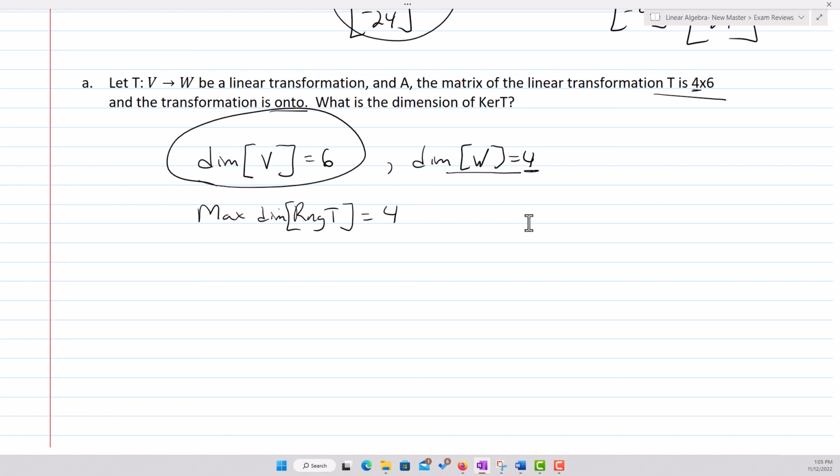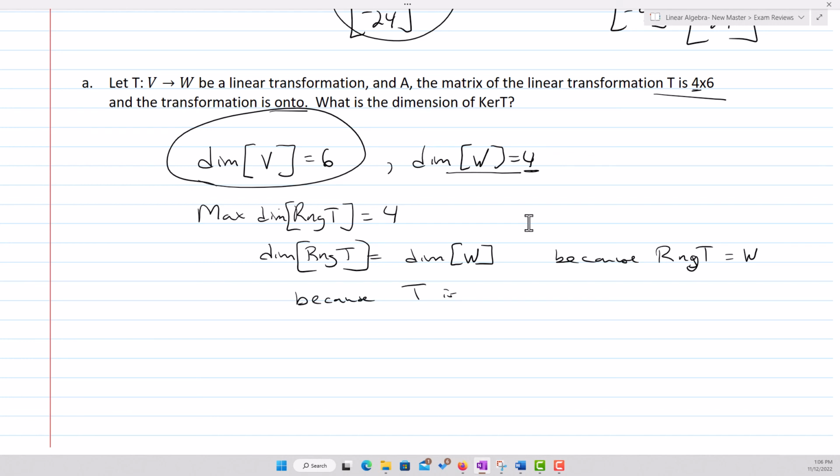So since the transformation is onto, the range of T equals W. So the dimension of the range of T is going to equal the dimension of W, and that's going to equal 4.